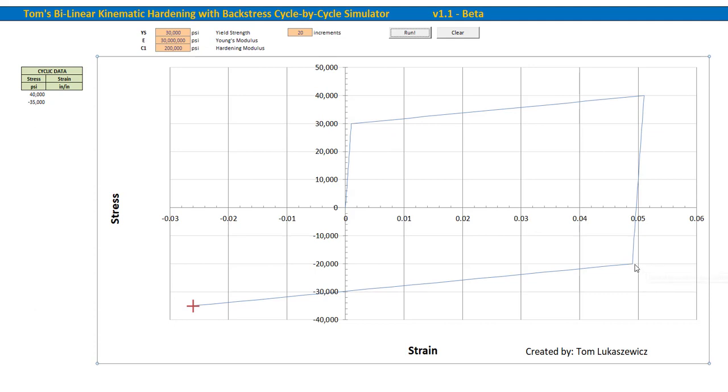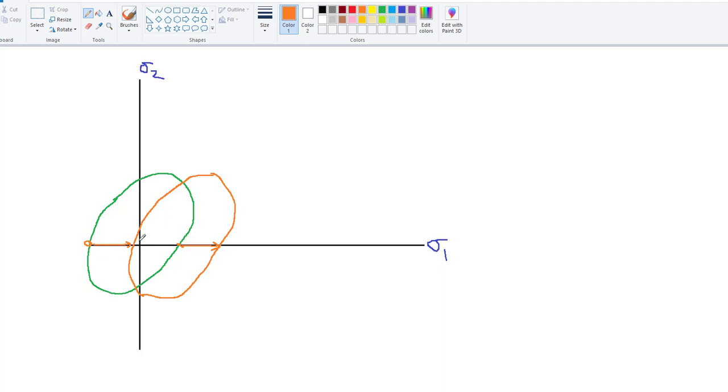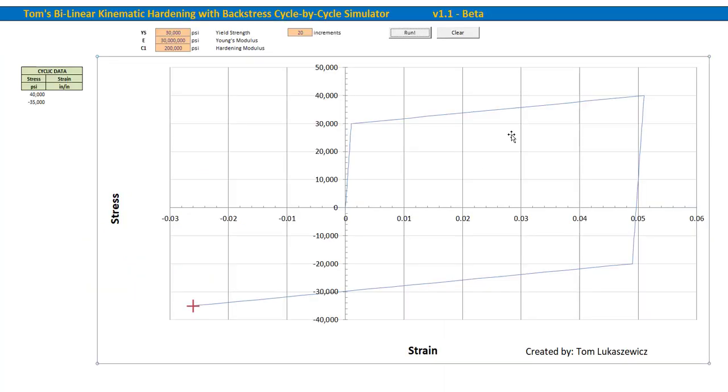You'll notice that because of the translation of the yield surface and there's no growth in it, your yield surface will always have a constant length to it, which is equal to twice the original yield.